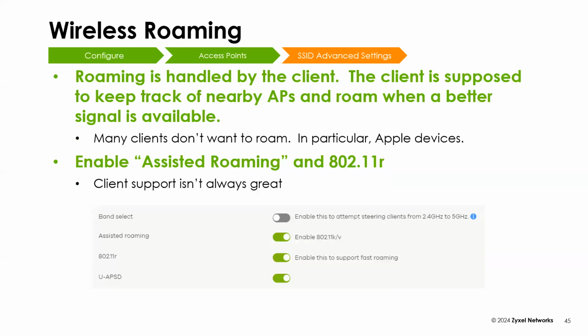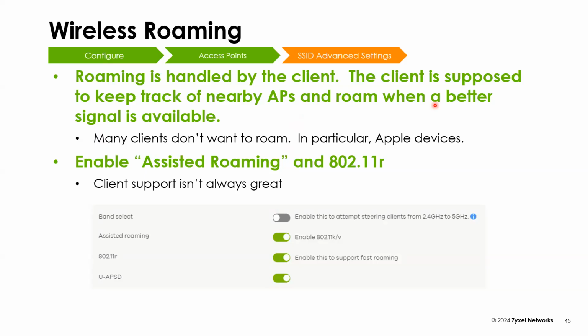When it comes to roaming, there's a lot of confusion about how roaming works on wireless networks. The short version is that the client device is what determines roaming by default. It's the client device that determines how often to scan the environment to see if there's another access point nearby with better quality signal.